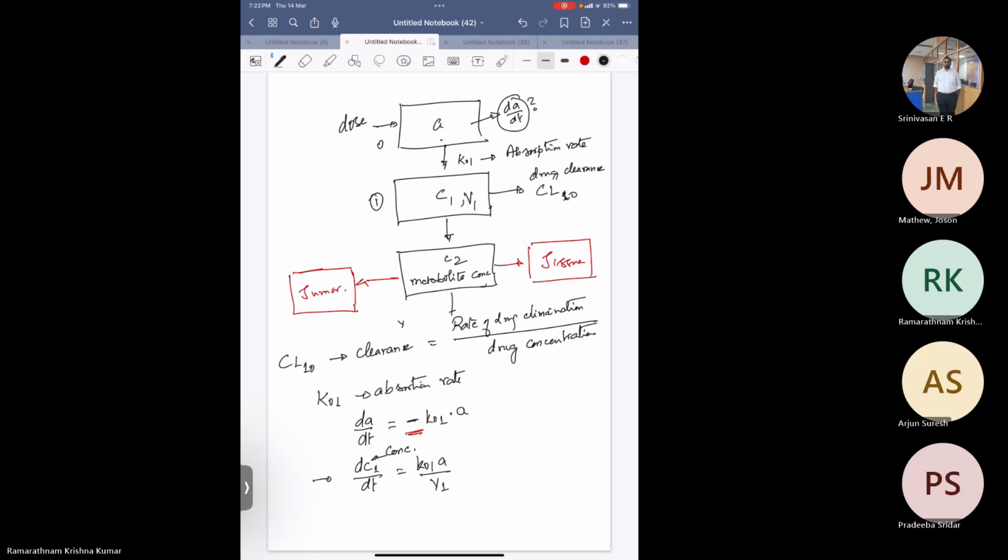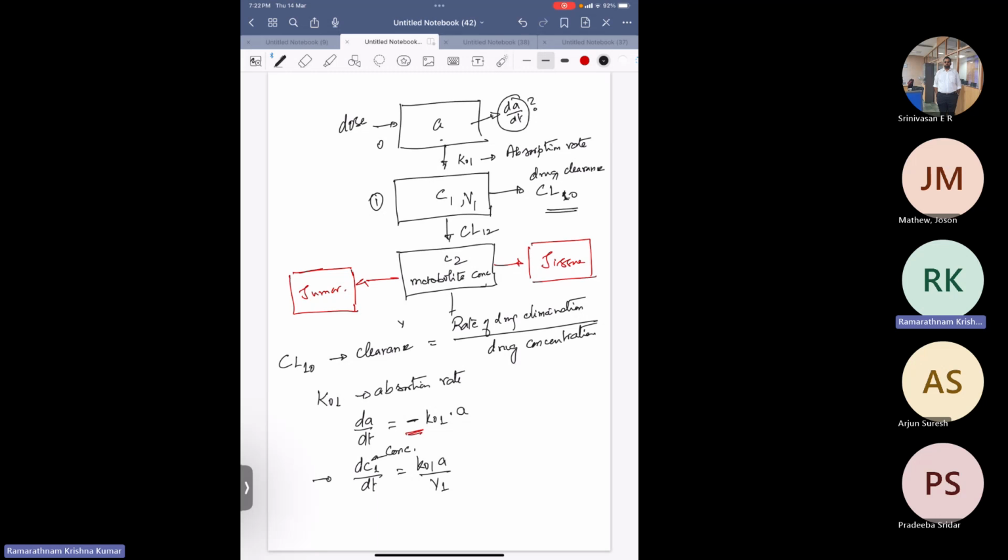Then, there are two clearances. One is clearance from 1 to 2. So another is going out. One clearance is elimination from the system.